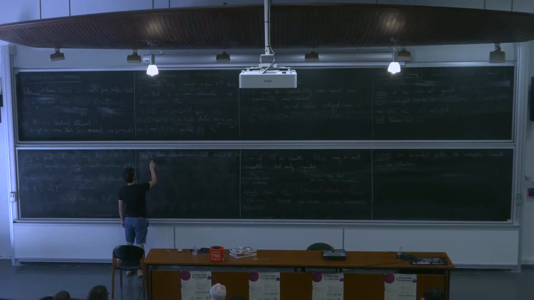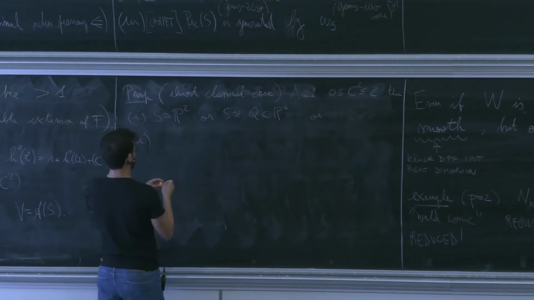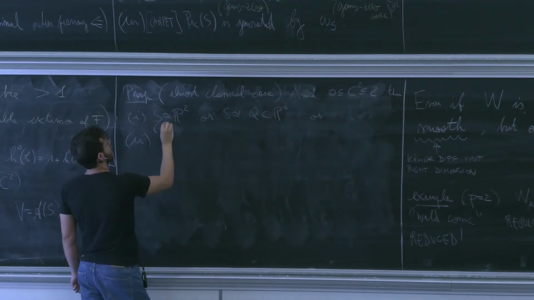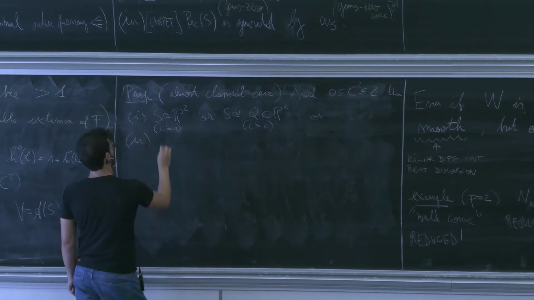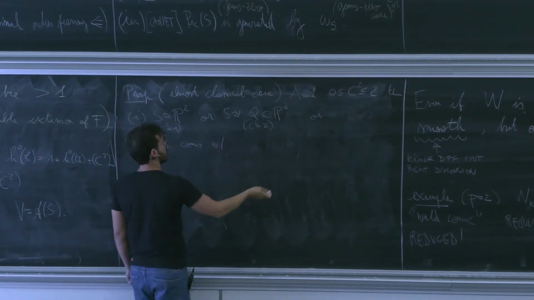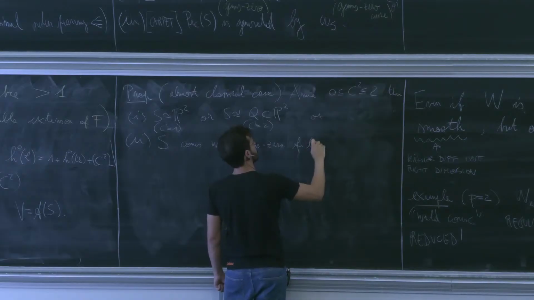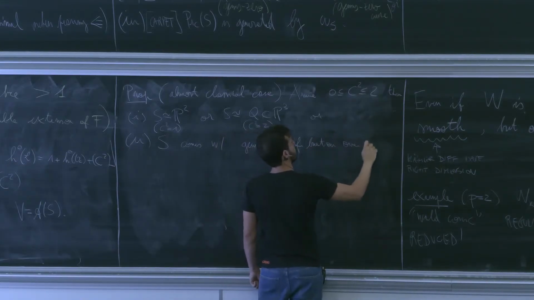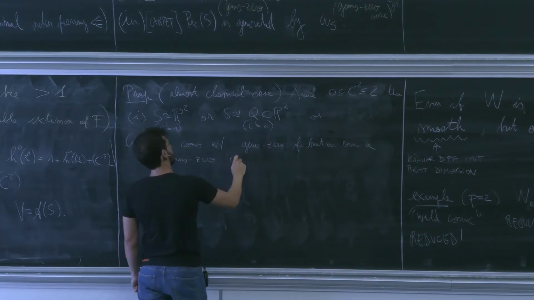Either S is isomorphic to P2, or S is isomorphic to a quadric in P3, or, so of course this is the C square equal 1 case, this is the C square equal 2 case, or S comes with a genus 0 fibration over a genus 0 curve.